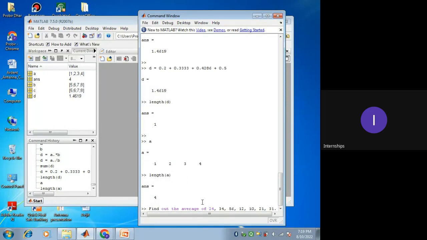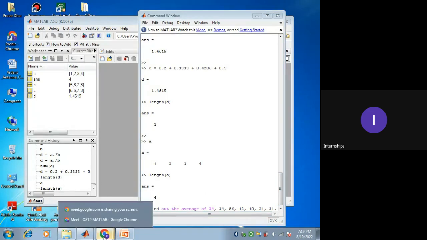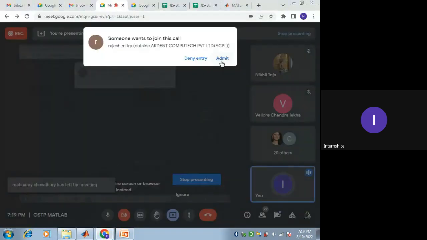So find out the average of these numbers.